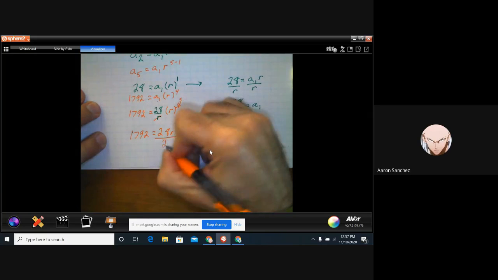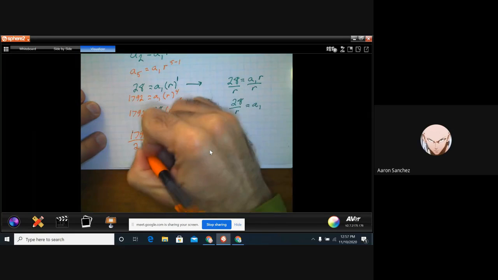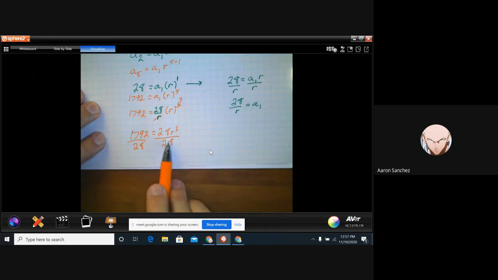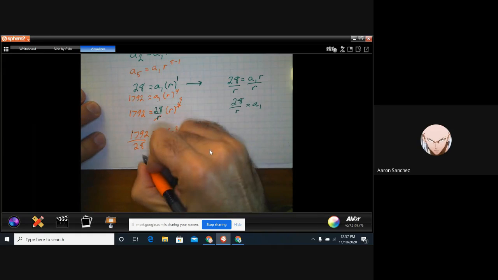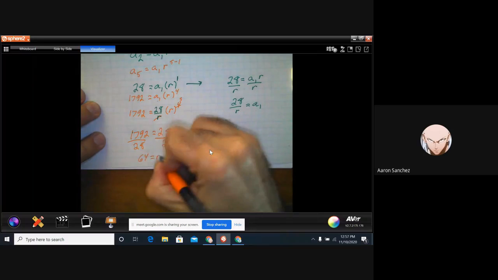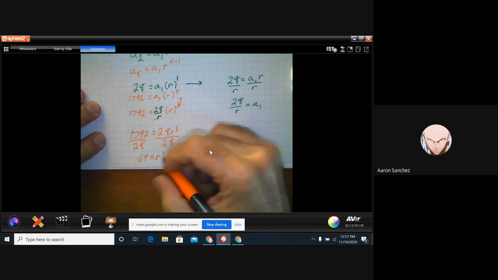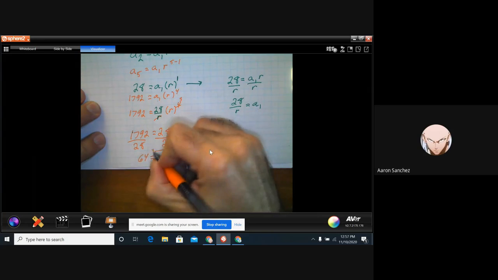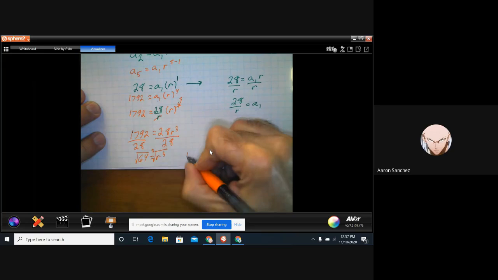Divide by 28. Now I'm solving for r, right? I'm solving for r. Divide by 28. 1792 divided by 28 is 64. 64 equals r cubed. Then I'll take the cube root, and then I'll get r equals 4.